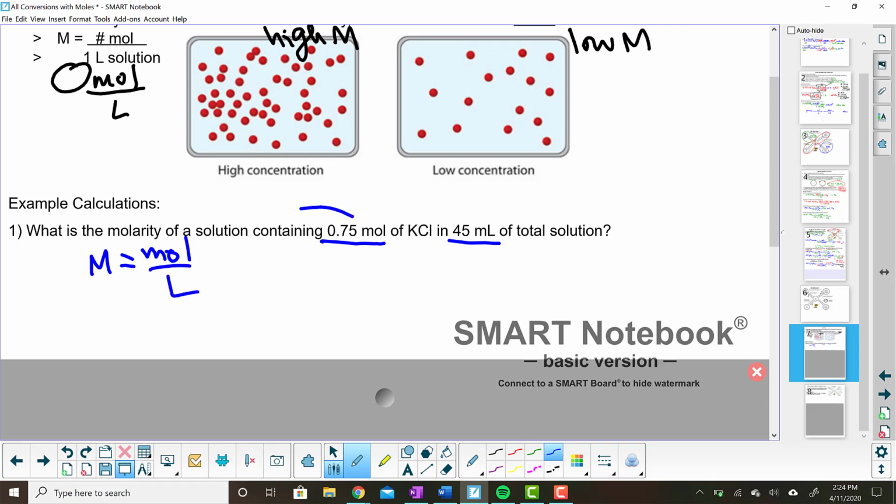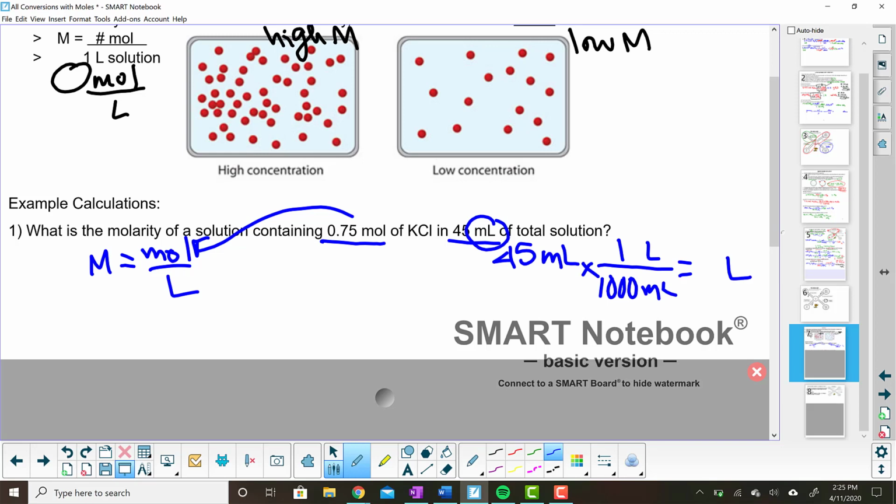I can see that I have the moles, but I don't have liters yet because this is in milliliters. So first I need to convert my 45 milliliters into liters. Hopefully you remember how to do metric conversions. We talked about these last semester, right? Milliliters on the bottom, liters on the top. There are 1,000 milliliters in every 1 liter.